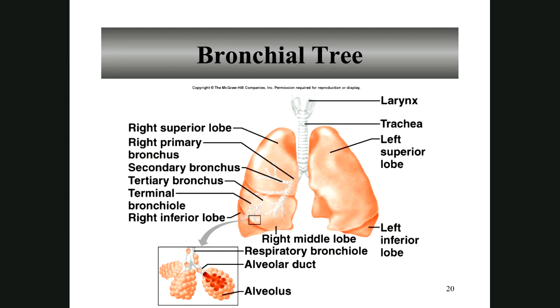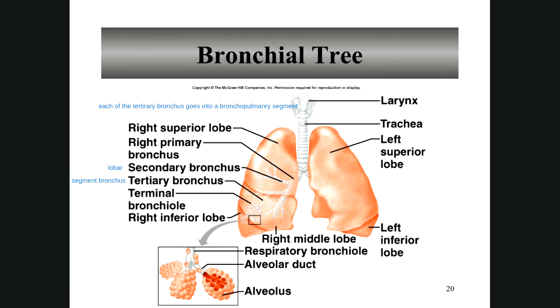So just like the secondary bronchus is known as the lobar, the tertiary is known as the segmental bronchus, because each one of them goes into a bronchopulmonary segment.